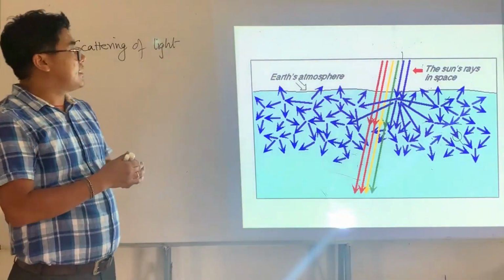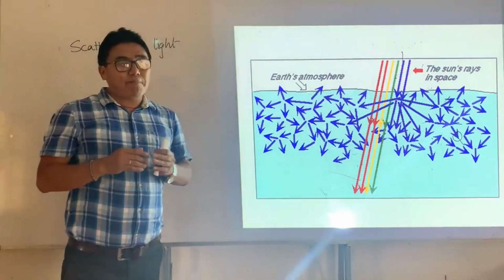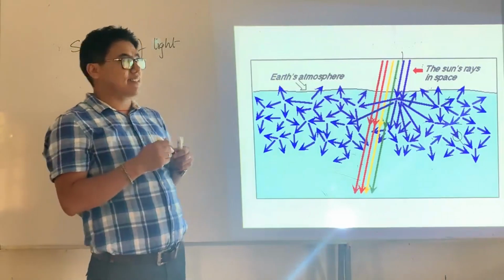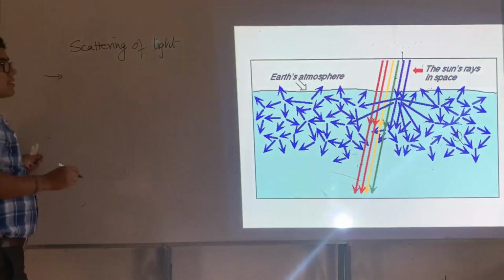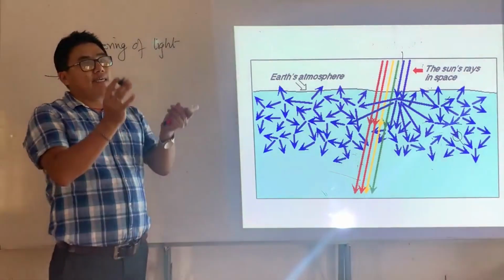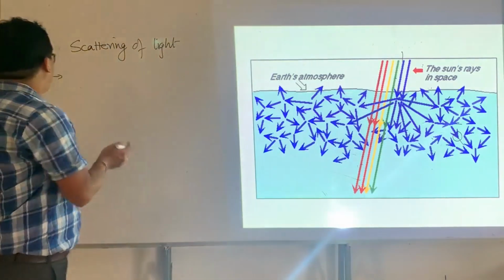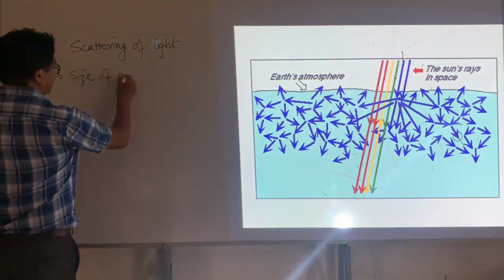When light enters our atmosphere, it undergoes scattering, and the way the light scatters is defined by the size of the particles.